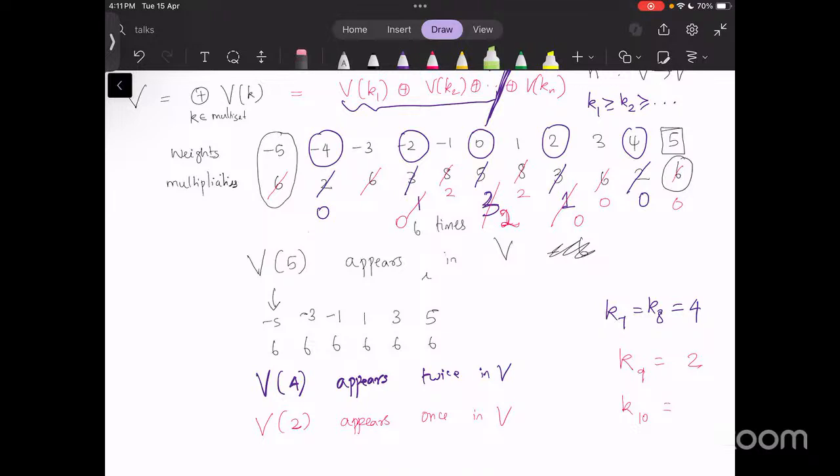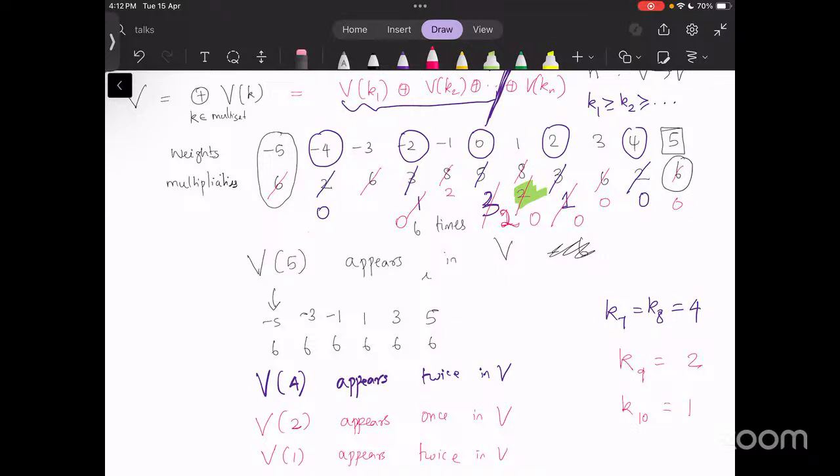K10 is 1, right? And how many copies of V1 are there? 2 copies of V1 are there, right? So V1 appears twice. And so if we remove the contribution of V1 twice, then the weight space 1 will become empty. Will that affect the weight space 0?